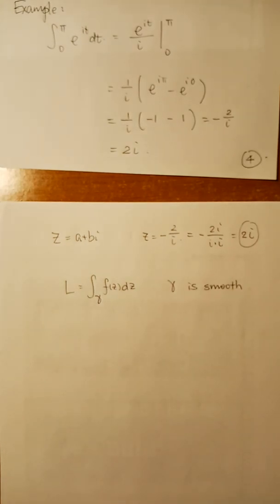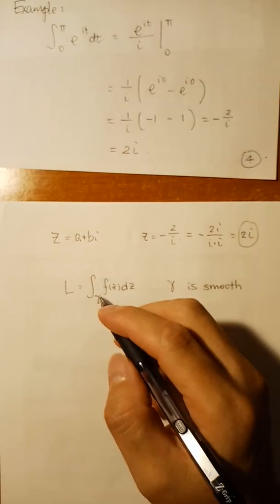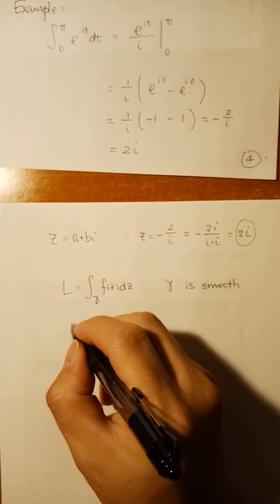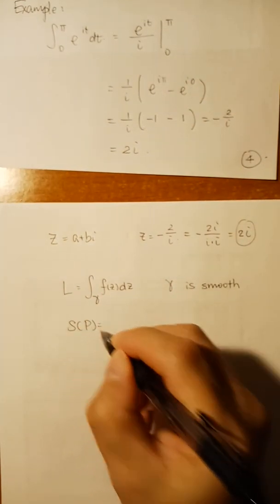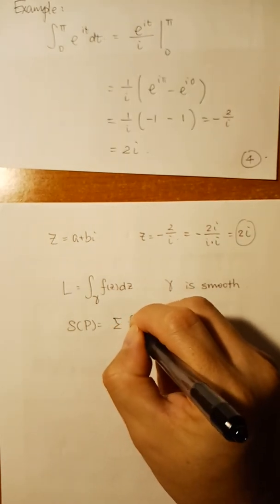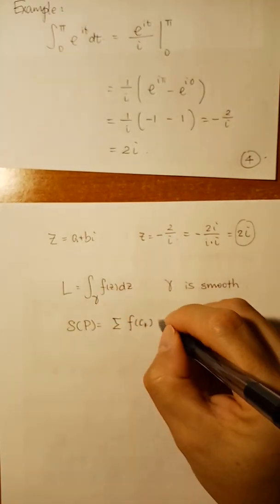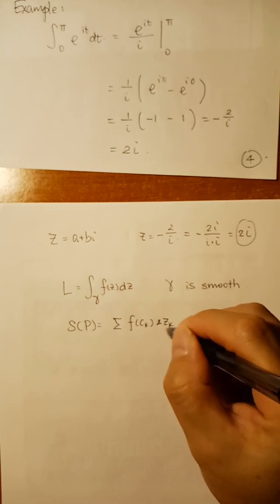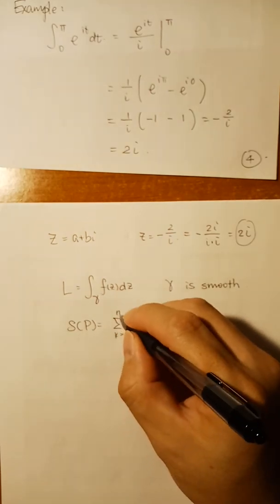Let's study the definition of this Riemann integral. The Riemann integral starts from the Riemann sum, which is the sum of f(c_k) delta z_k, k from 1 to n.